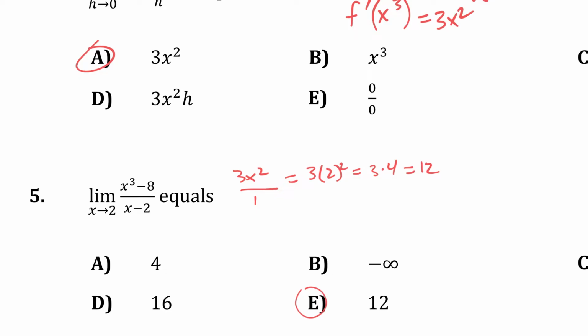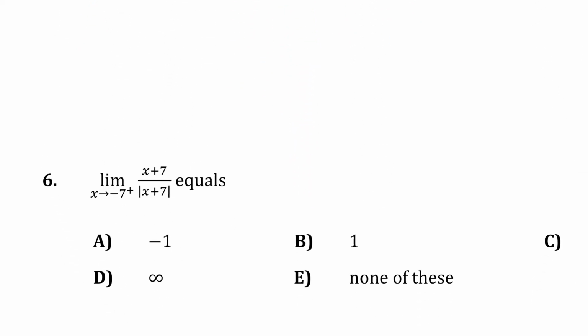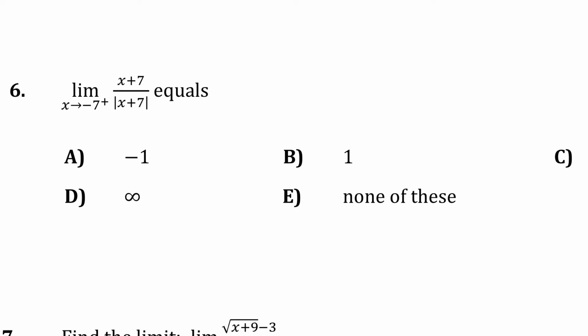For the next one, number 6, the limit as x approaches -7 from the right. Okay, -7 plus 7 is 0, and the absolute value of -7 plus 7 is 0. So you're not going to take derivatives of each of them; you'll end up with the same thing anyway. As it approaches from the right, that means like -6.9.